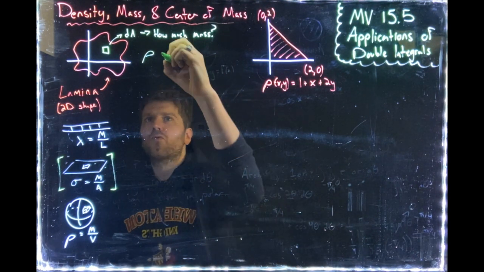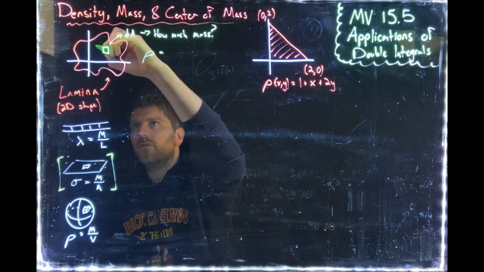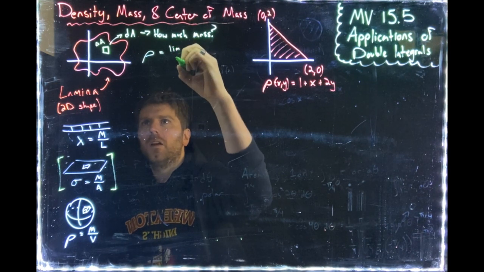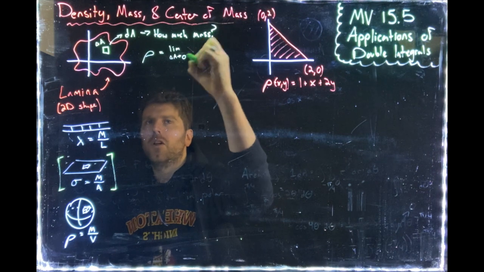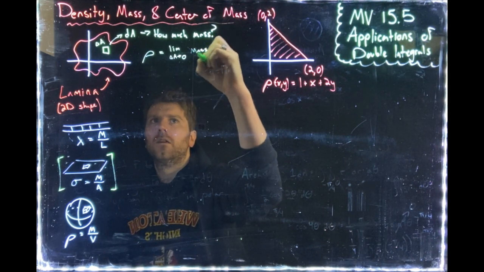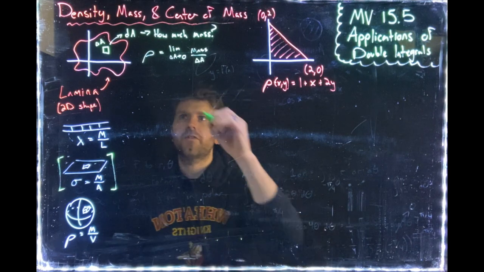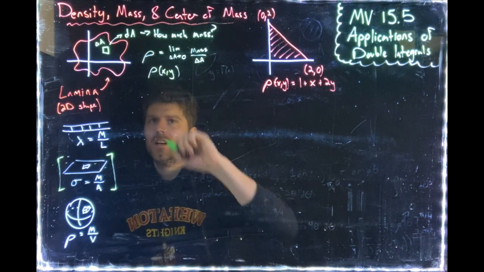One way to think about rho is that if you take a little bit of area, delta A, it's the limit as that delta A gets smaller and smaller of how much mass is in that divided by delta A, that ratio. So we can define a function that tells us the density at any point.